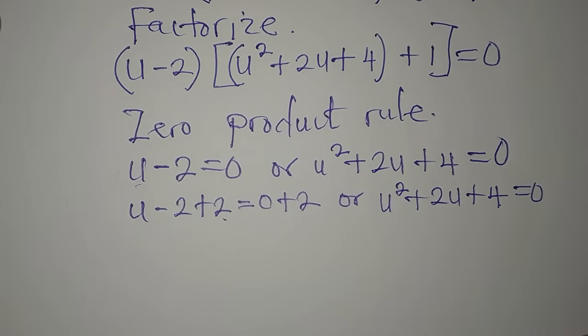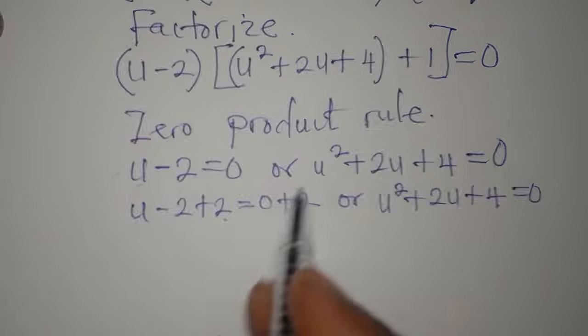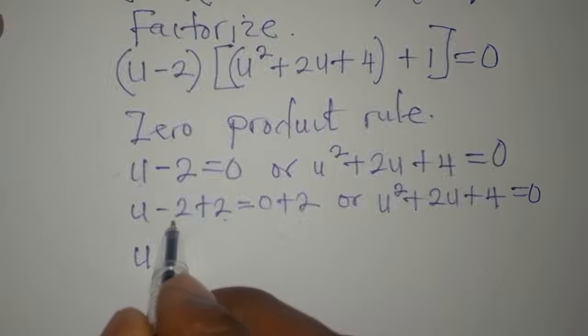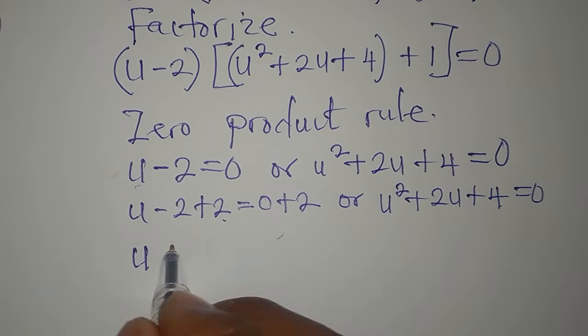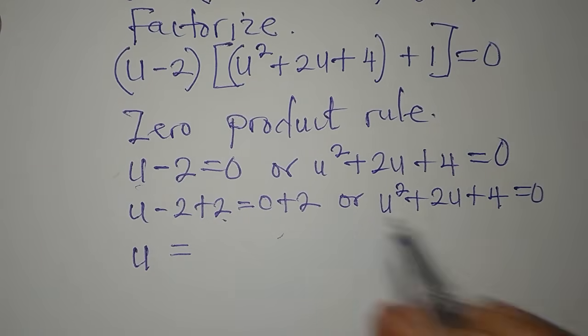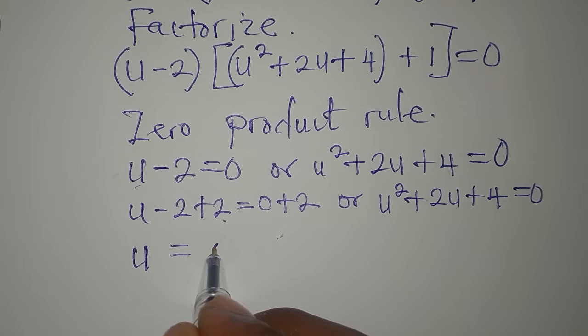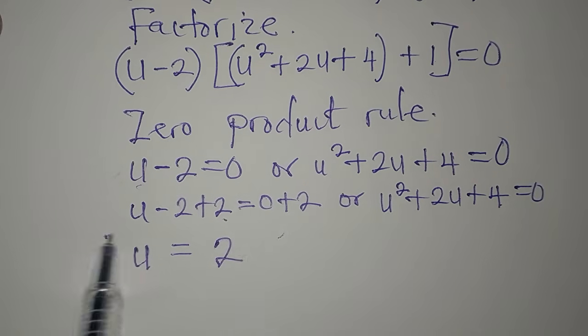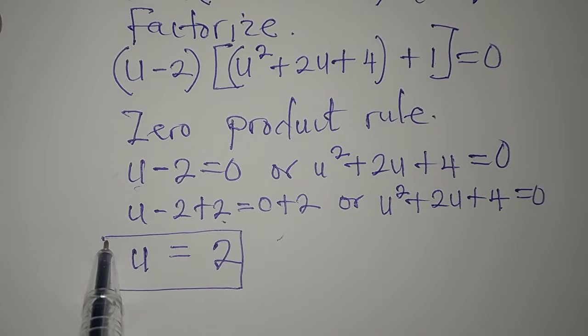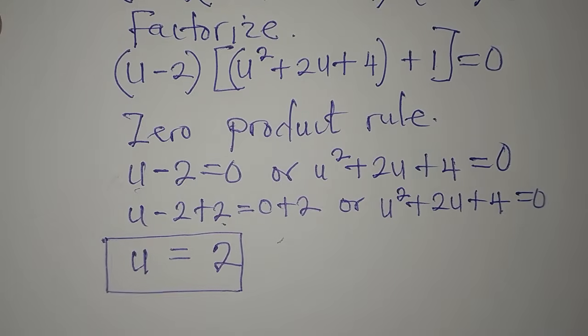We're going to continue with this, but let's focus more on this for now. So minus 2 plus 2 is gone. We have 0 plus 2, and 0 plus 2 is the same as 2, right? So this means that our first term, u, is equal to 2.